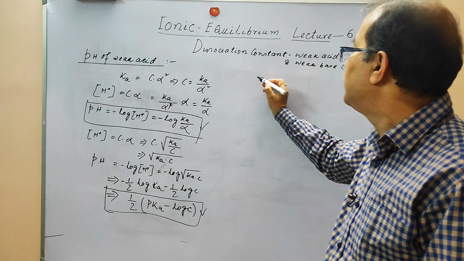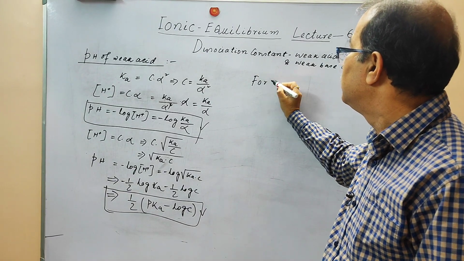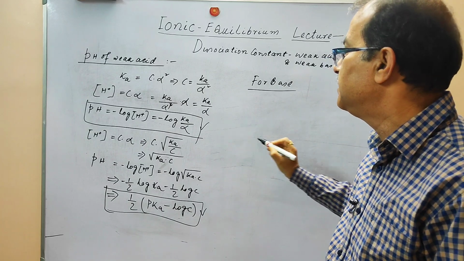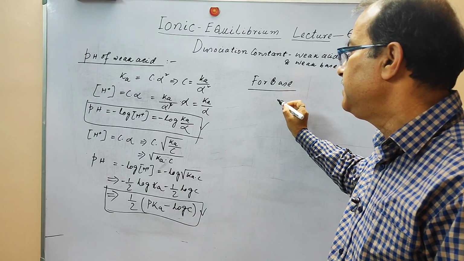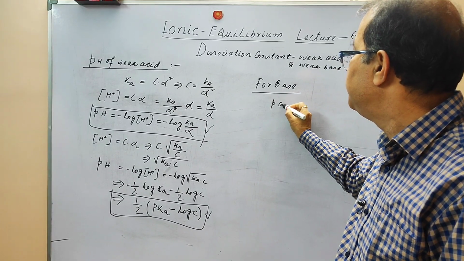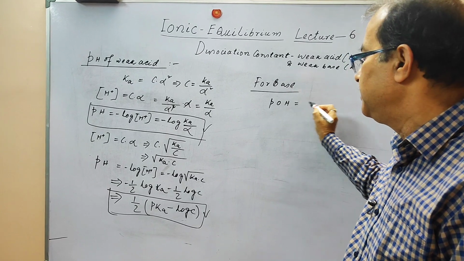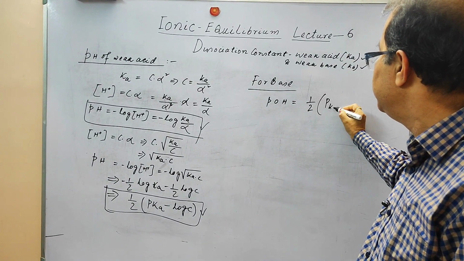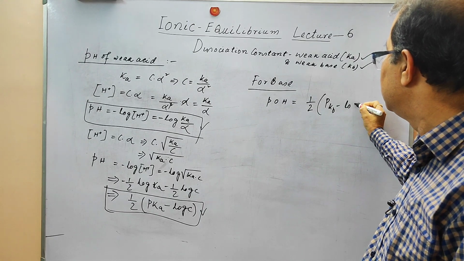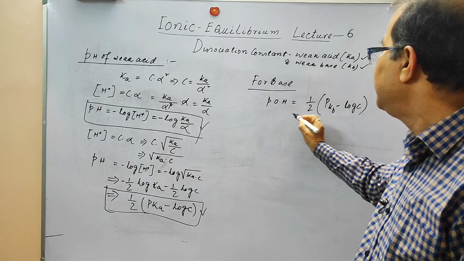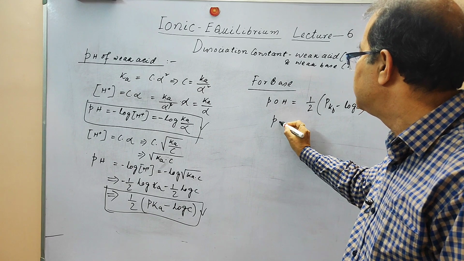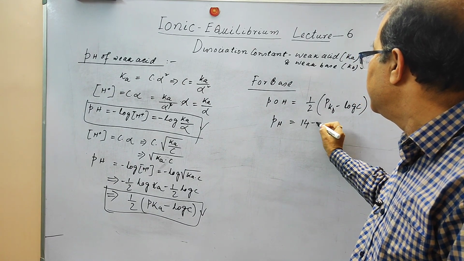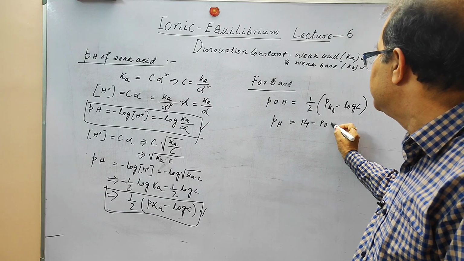In a similar fashion, for the base we also have this relationship. But here we get the pOH, that is half of pKb minus log C, and after that we use the formula pH is equal to 14 minus pOH.